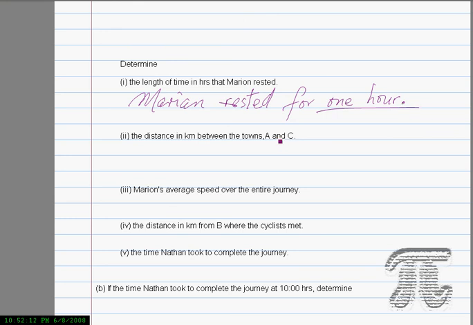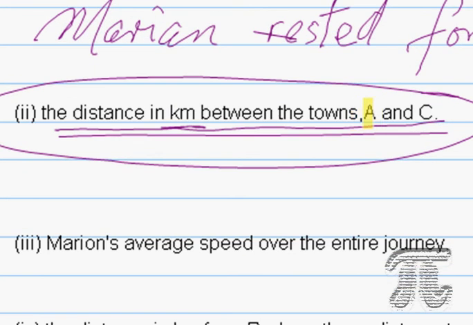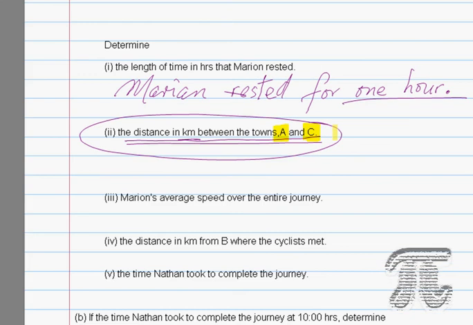Good. Now the other question, you need to look at question 2. What is the distance in kilometers between towns A and C? So that's the distance between towns A and C. Let's look back at our graph.